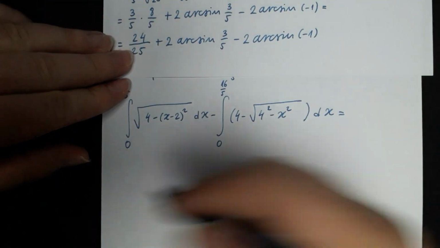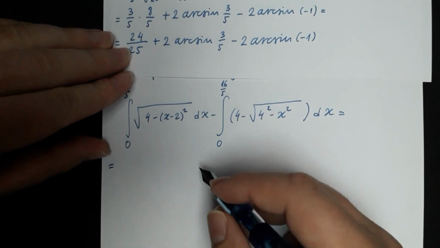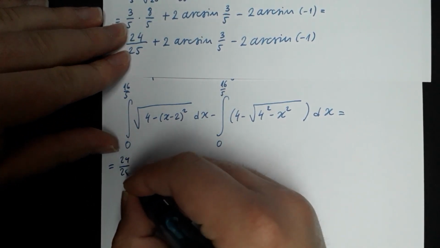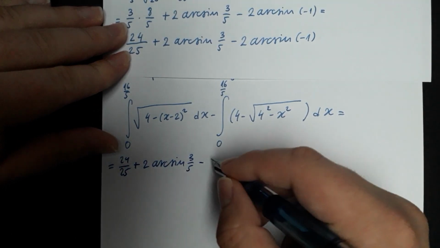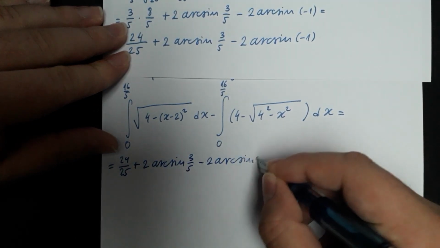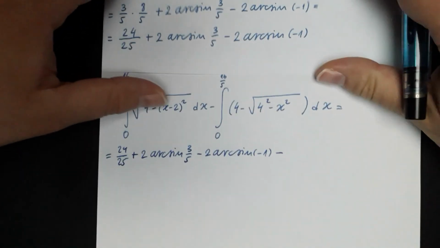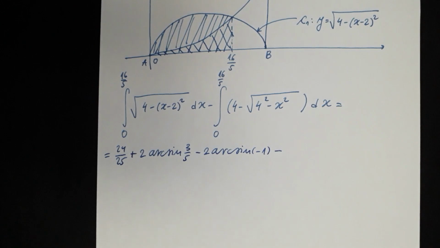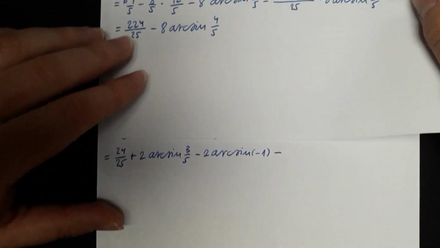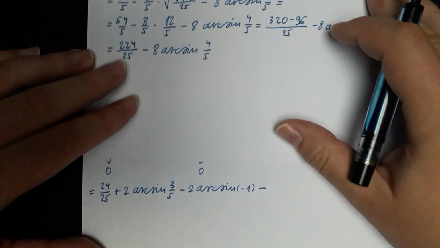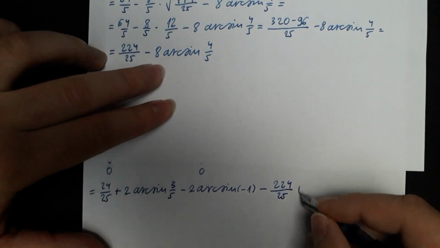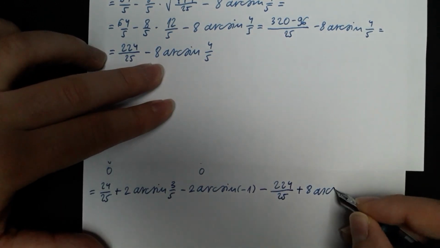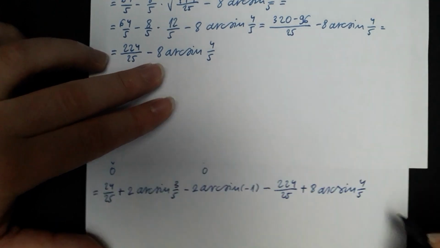Now when we return these two values from these integrals which we have calculated, we get that this is equal to 24 over 25 plus 2 arcsine of 3 over 5 minus 2 arcsine of negative 1 minus, and the integral we have calculated previously was 224 over 25 minus 8 arcsine of 4 over 5.